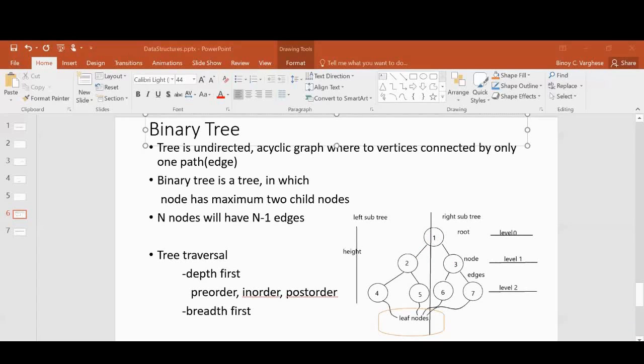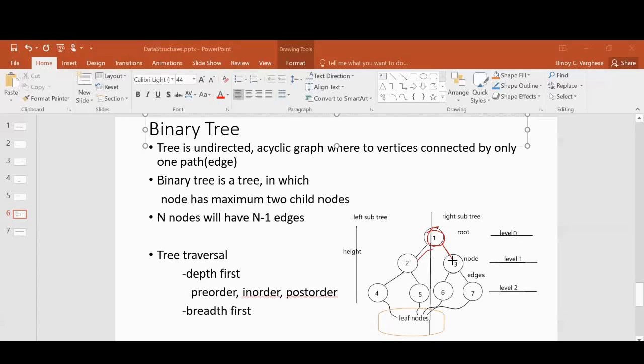Okay, so what then is a binary tree? A binary tree means that a node can have a maximum of two child nodes. For example, here one is the node, and this root node 1 has two children at most, that is 2 and 3.